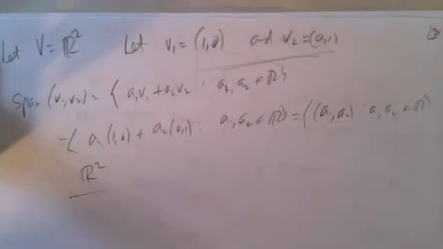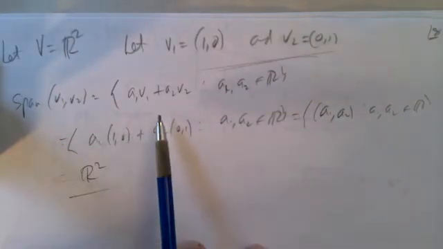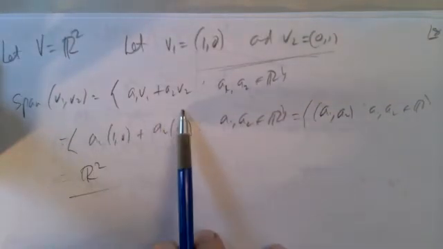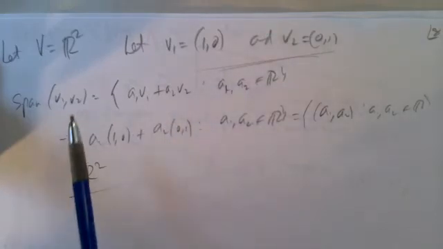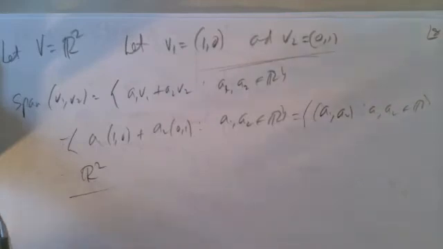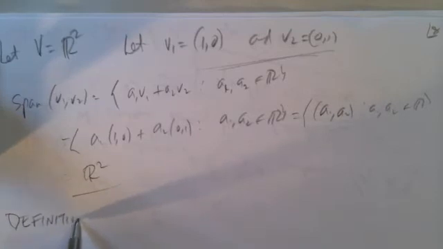And there can be other sets of vectors that span R2. You could have 10 vectors and the span of those 10 vectors is R2. But in any case, these two vectors span R2. And now we come to a very important definition.